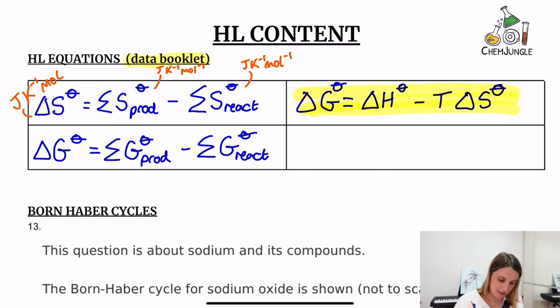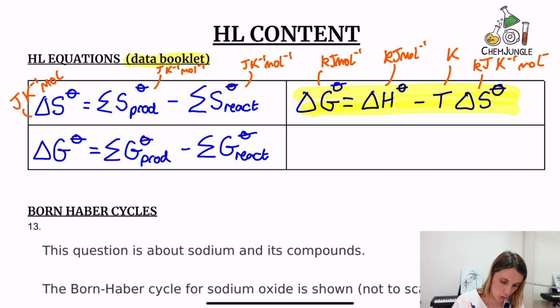You have got the delta G, which is your Gibbs free energy change, and that is measured in kilojoules per mole. You've got delta H, which we talked about in the SL stuff, which is also measured in kilojoules per mole. This T here stands for temperature, which is measured in Kelvin, like normal. And then this is your entropy change, which here we're going to have to use in kilojoules per Kelvin per mole.